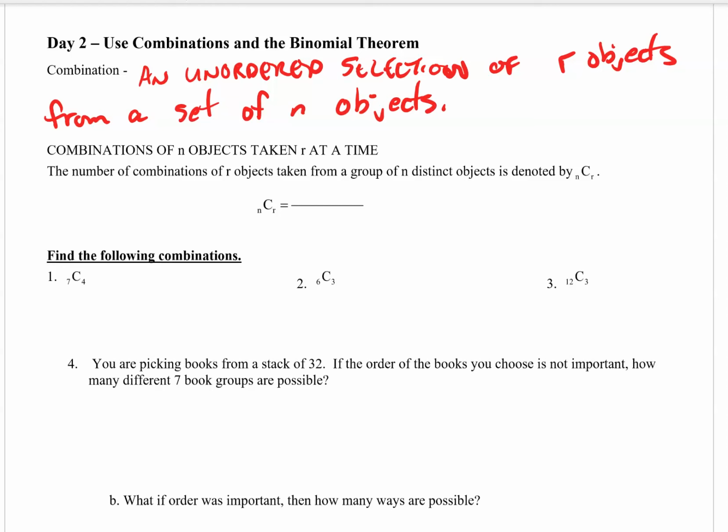So in a permutation, order matters. In a combination, order does not.